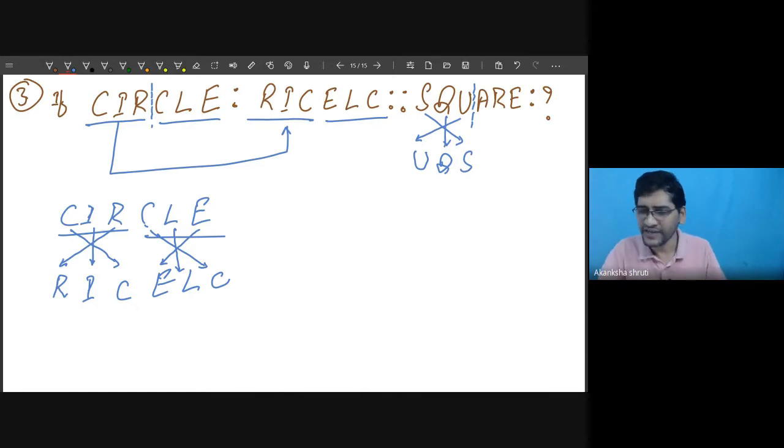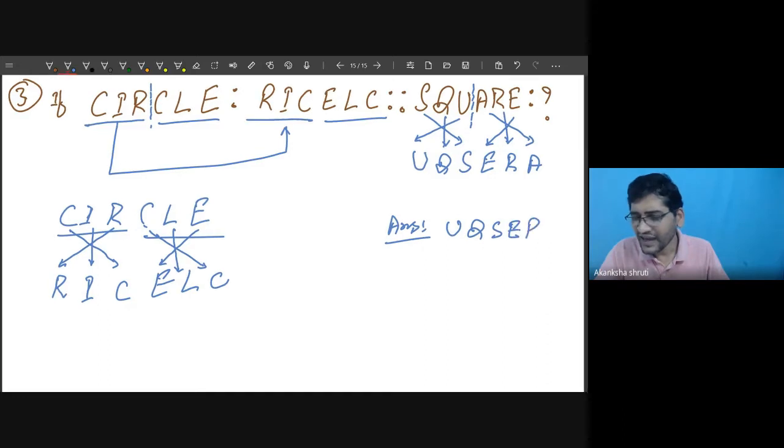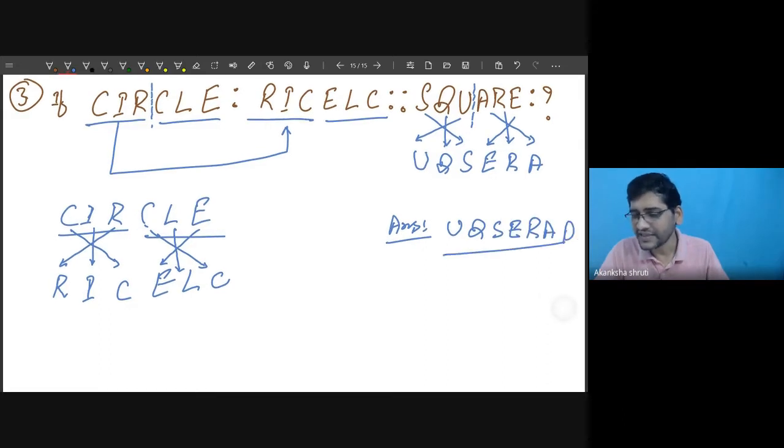So the first part is over. Now, the second part of SQUARE, ARE, so E needs to be written first, then R has to be copied as it is, then A. So your answer is UQSERA. This is the correct answer.